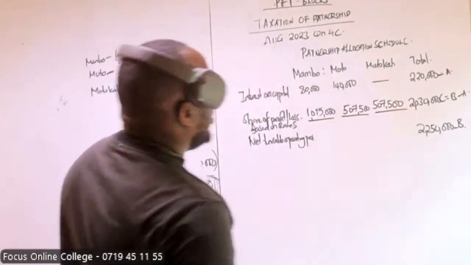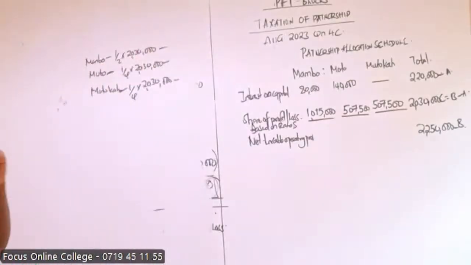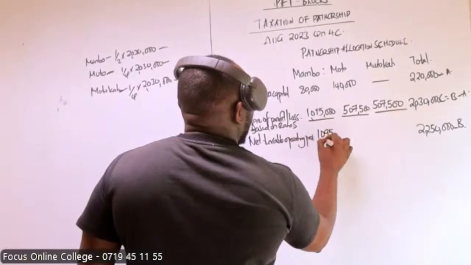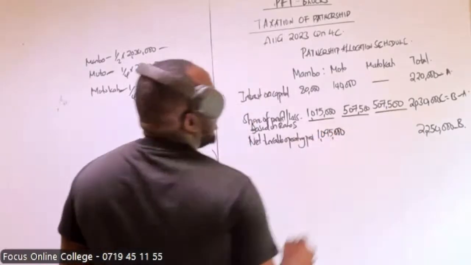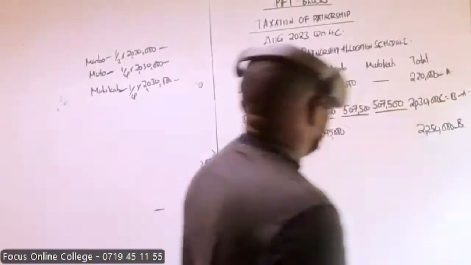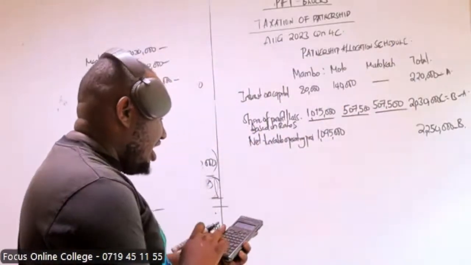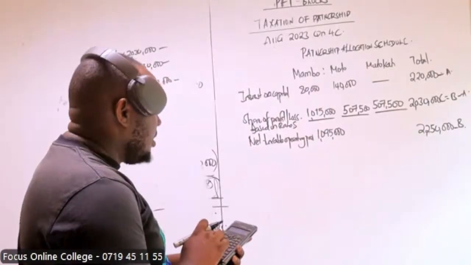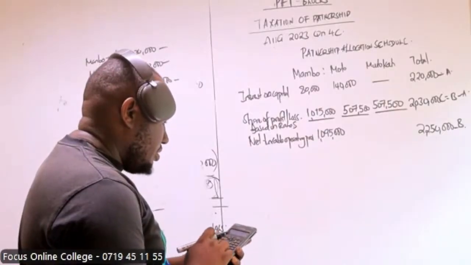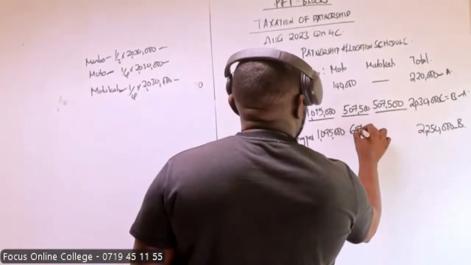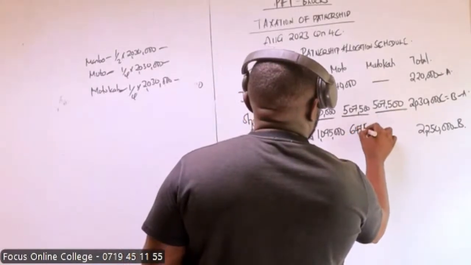What is the total? So we have 1095, then 507, plus 140. 647, we have 647,500.